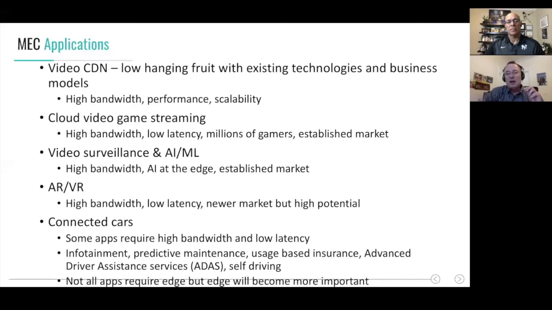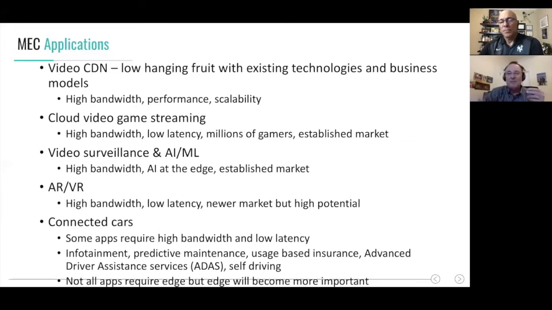So this one is really well suited to the edge. And I think you can also make the argument that without this kind of edge computing, it's not really practical, because of the latency and bandwidth requirements. So that's another one where there's an established marketplace. It's kind of a new app, but we know there are a lot of customers out there. There's no question about that.